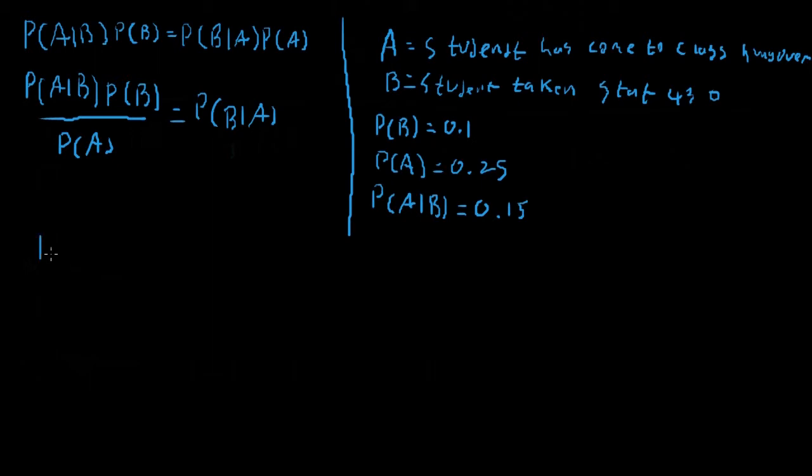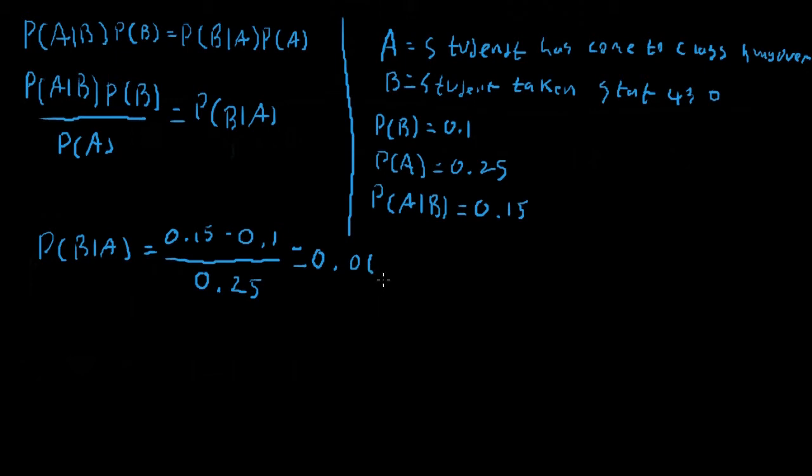So what I get is P of B given A is equal to 0.15 times the probability of B, 0.1, divided by 0.25. And if we work that out, this equals 0.06.